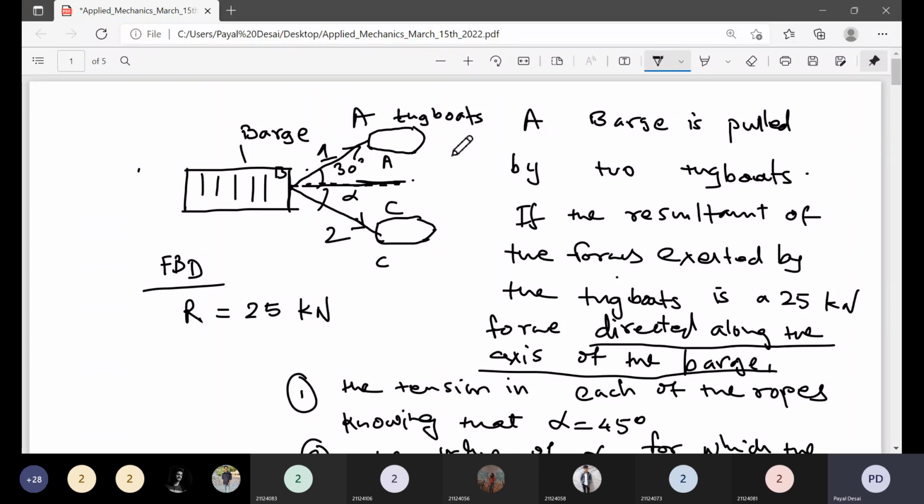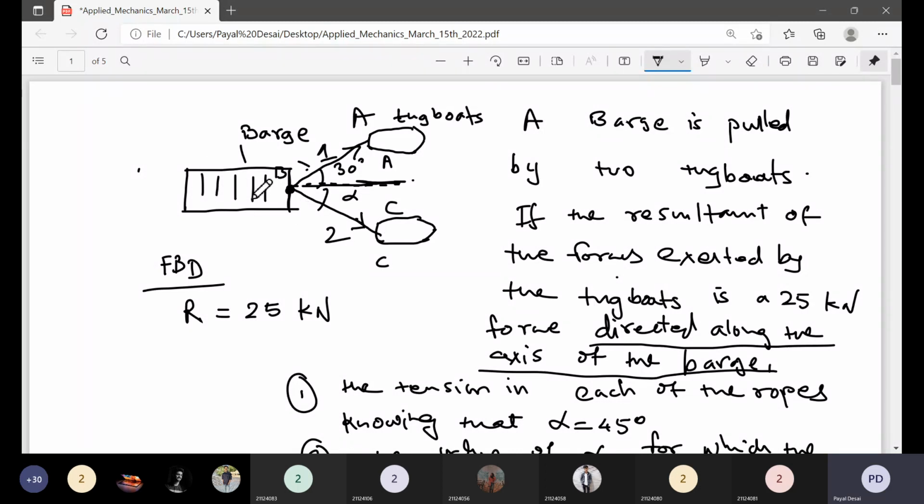In these kinds of examples, we do not bother much about the entire body of the barge when we draw the free body diagram. Our focus should be at the center where every piece of information is available, because there is no force which we can imagine within the body of the barge.